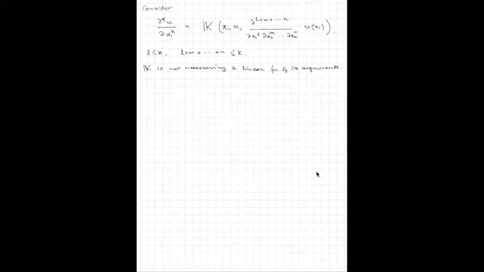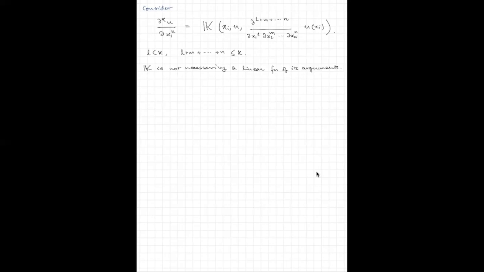Now, what we are going to do is consider boundary conditions that fix the value of u, del u/del x1, up to del^(k-1) u/del x1^(k-1), for a particular value of the variable x1 equal to a1.